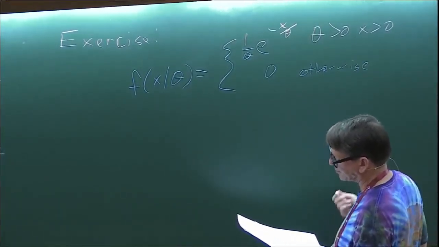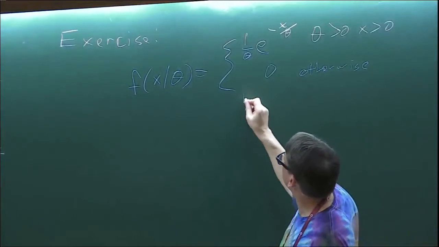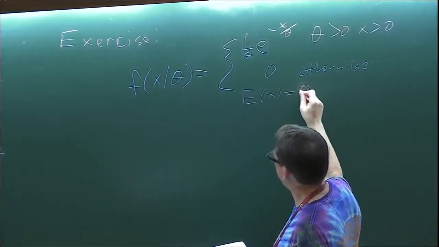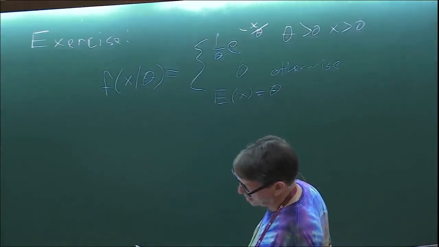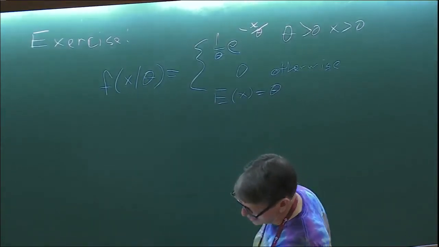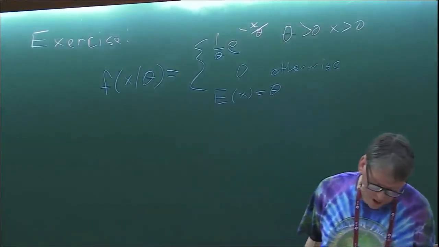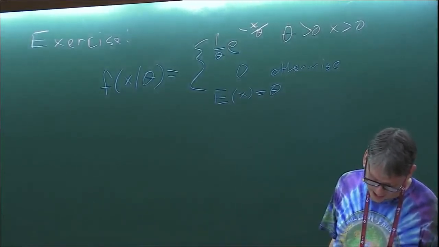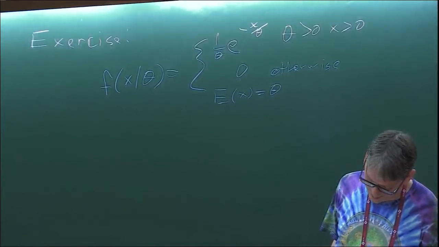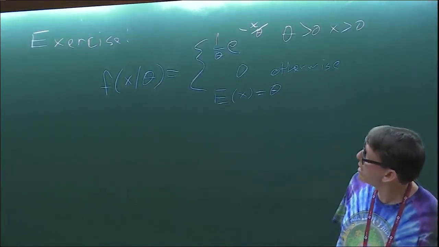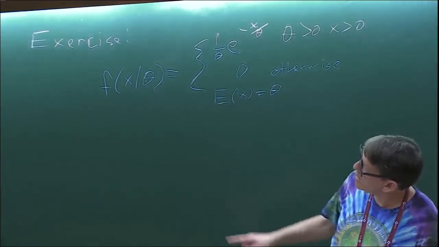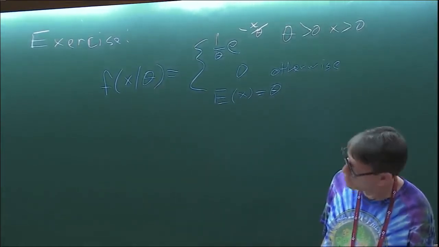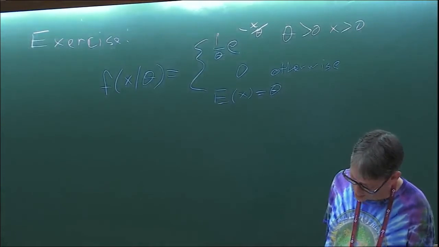You can show that the expectation of x, in fact, is θ. Now, suppose your problem is that the mean failure time θ is unknown. You have f(x|θ), and you want to estimate θ.